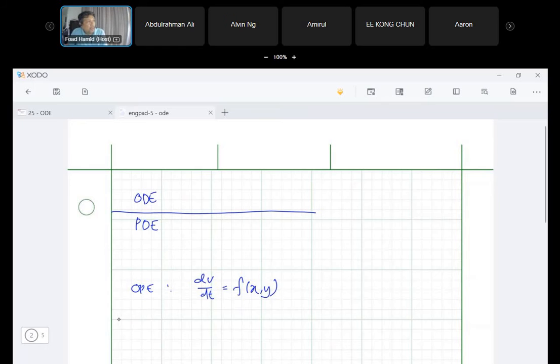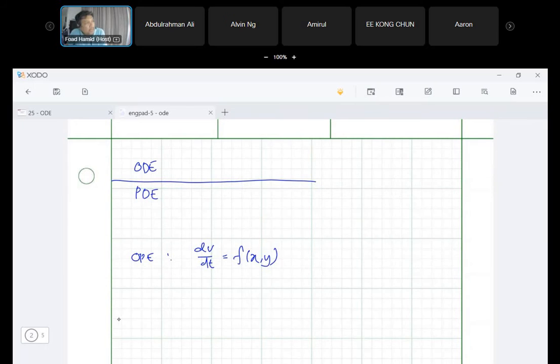This is one example. And if you look at our problem, dv dt equals g minus c over m v. This is the parachutist problem. And note that our v is only a function of t, so this is an ODE.